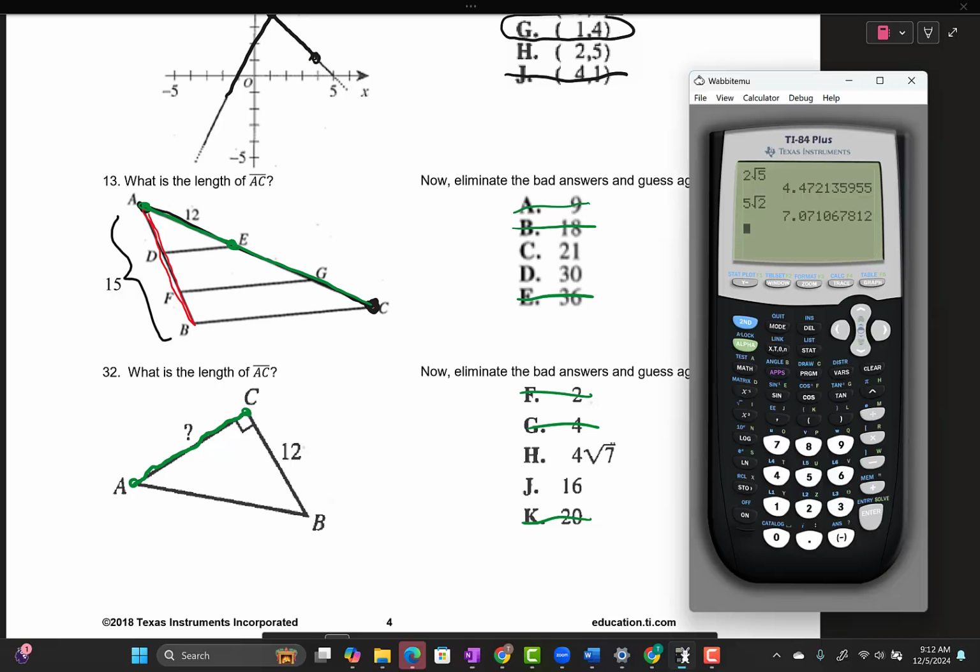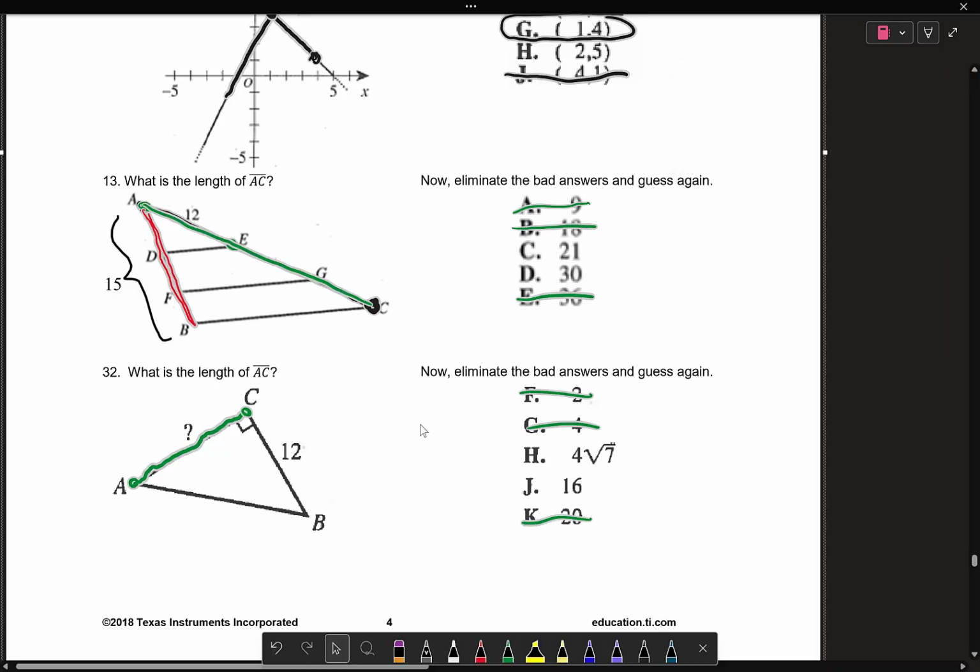But I would be interested in 4 radical 7. If we type in 4 times the square root of 7 in the calculator, that answer is 10.58. That answer seems maybe a little bit better because we do think this length in green is pretty close to 12. And 10.58 is closer to 12 than 16 is. But make your best guess.